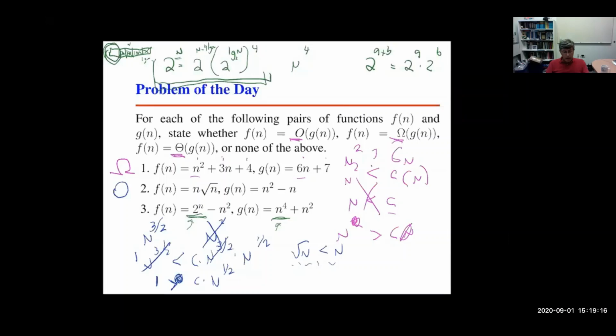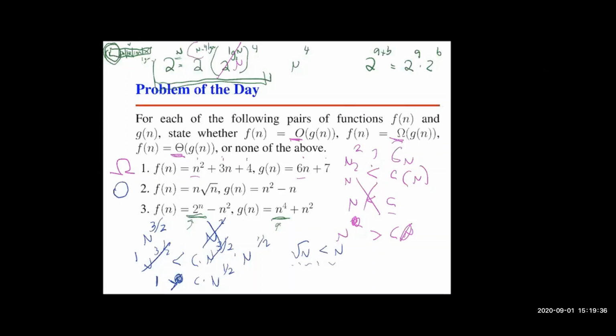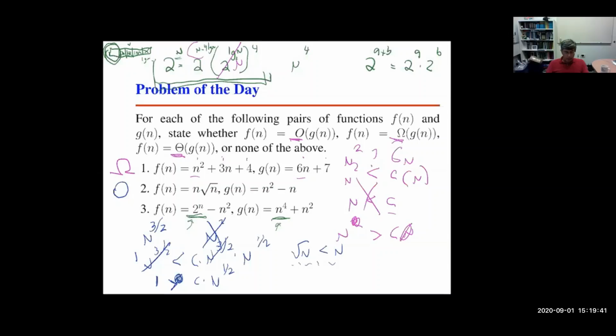That kind of argument says, if 2 to the log n is the equivalent of n, this says that 2 to the n is going to be n raised to the 4th times 2 to this number of 2's. And that number of 2's is going to be positive, a big number.